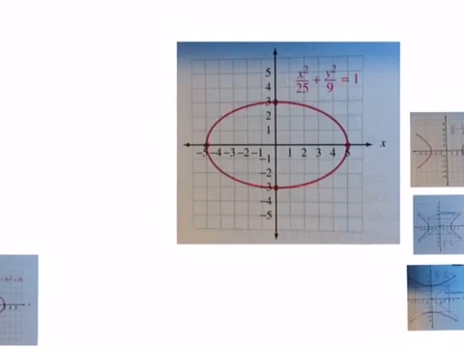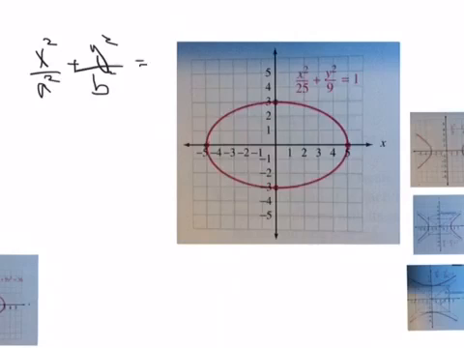Okay, so the formula for an ellipse looks like this: x squared over a squared plus y squared over b squared equals 1.